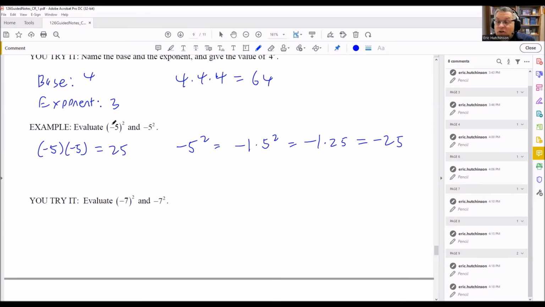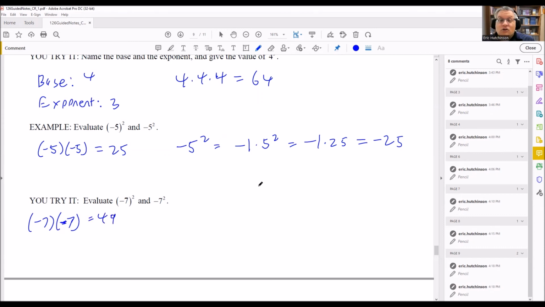If the parentheses are around the number, that's when you're going to multiply them twice. But if you've got a negative out front, that just means you're multiplying it by -1. That's the difference between those. Let's try this one. (-7) squared is -7 times -7, which is 49.